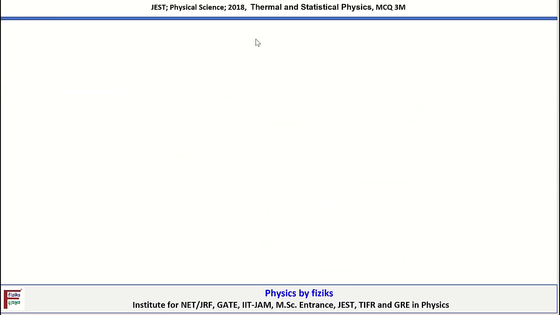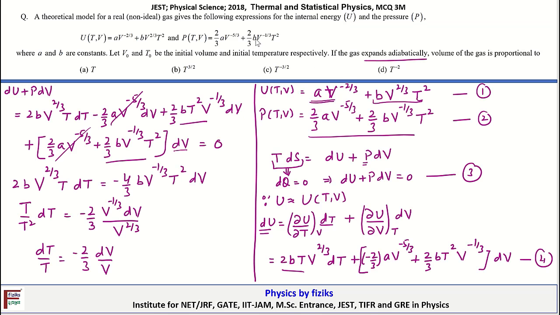Upon taking the integration on both sides, we obtain ln t equal to ln v power minus 2 by 3. So this implies t is proportional to v power minus 2 by 3, or v is proportional to t power minus 3 by 2. So therefore option C is the correct one here.